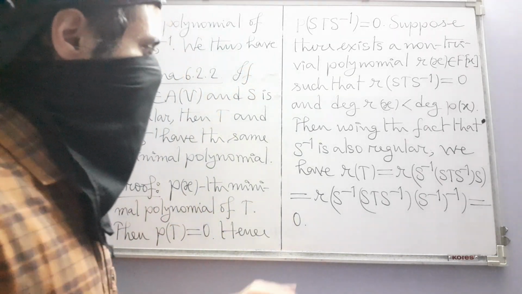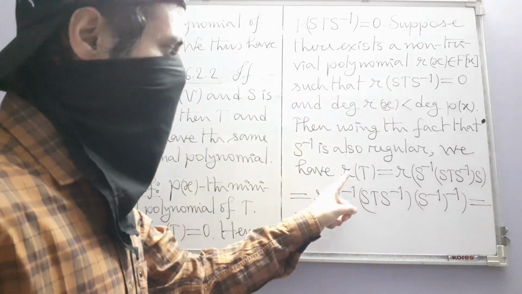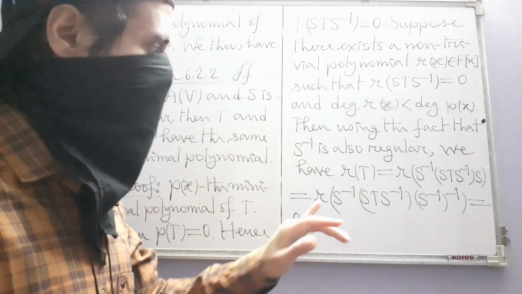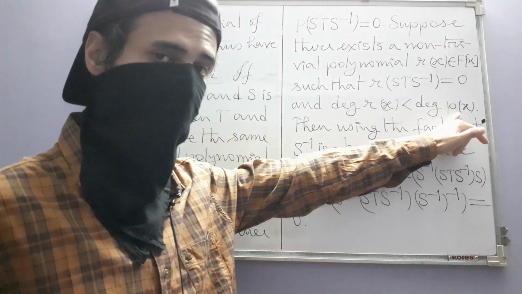But then we are getting a non-trivial polynomial R which T satisfies, but at the same time its degree is less than the degree of P(x).